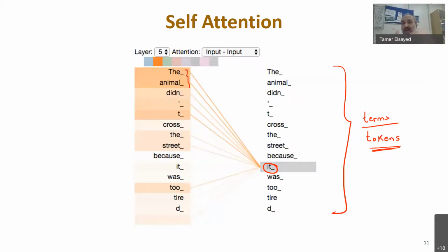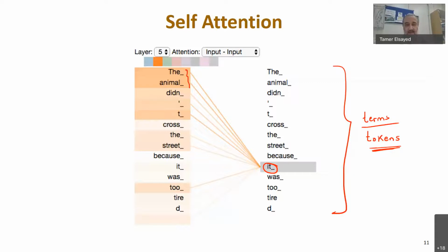Maybe at one layer we learn entities, that the street is an entity by itself, and the animal is an entity. So different layers of understanding, starting from the sentence and moving up, you learn higher level concepts. Did I answer your question, Bashir? Doctor, thank you. Any other questions?